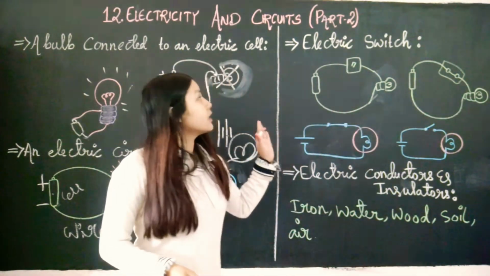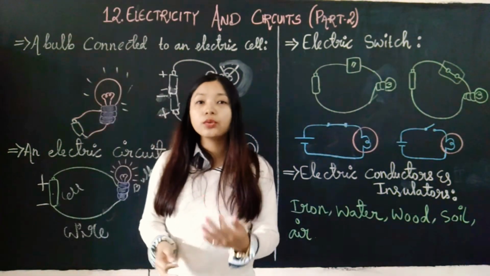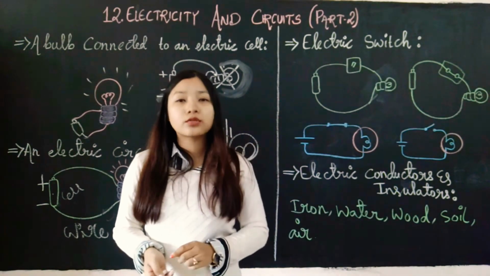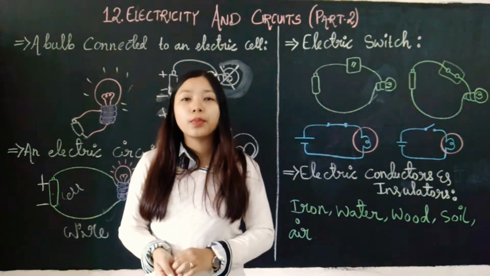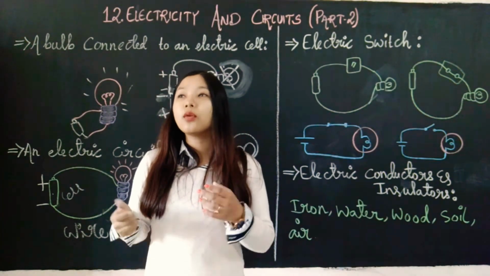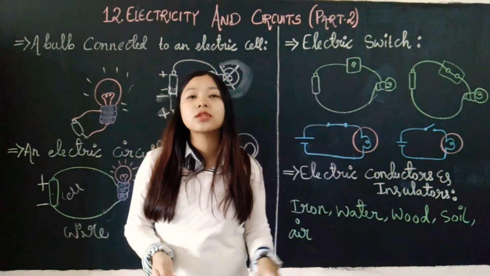Next we will see is an electric switch. You all must use this electric switch daily in your life to switch on the bulb, the fan, the computers and all. We have this electric switch in various electric circuits.